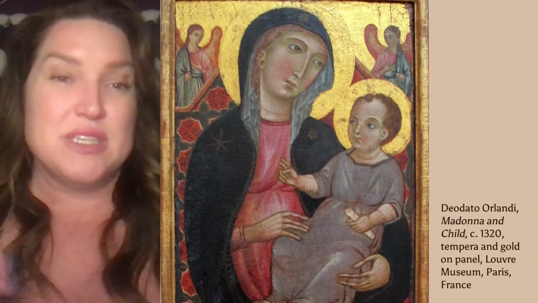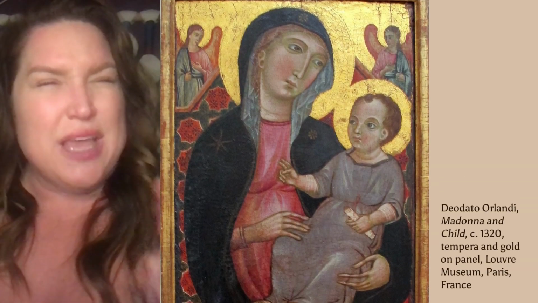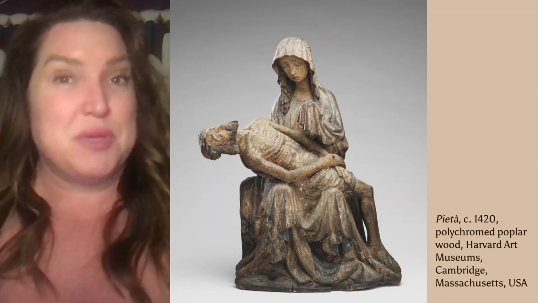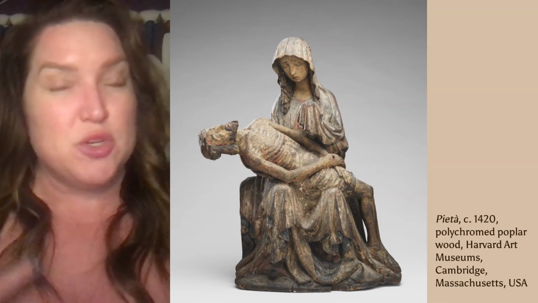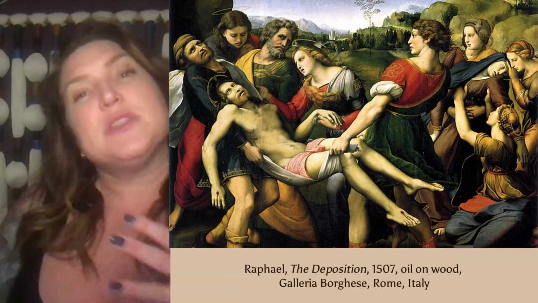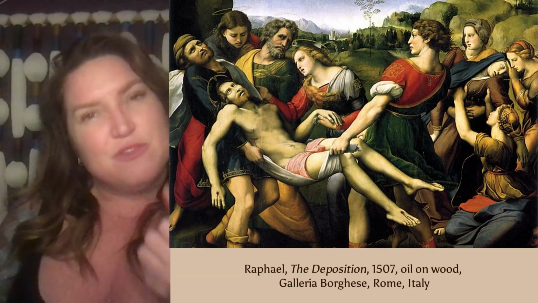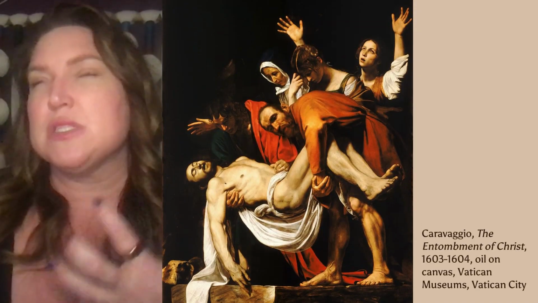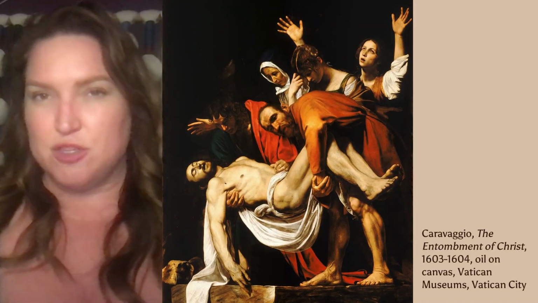In medieval art, we see little to no human emotion, except for in some rare examples of Northern Renaissance Pietà imagery. In general, we don't see a great deal of human emotion depicted. In the Renaissance, we start to see some emotion, but it's still very restrained. Later, when we get to the Baroque period, we will see very dramatic depictions of human emotion.